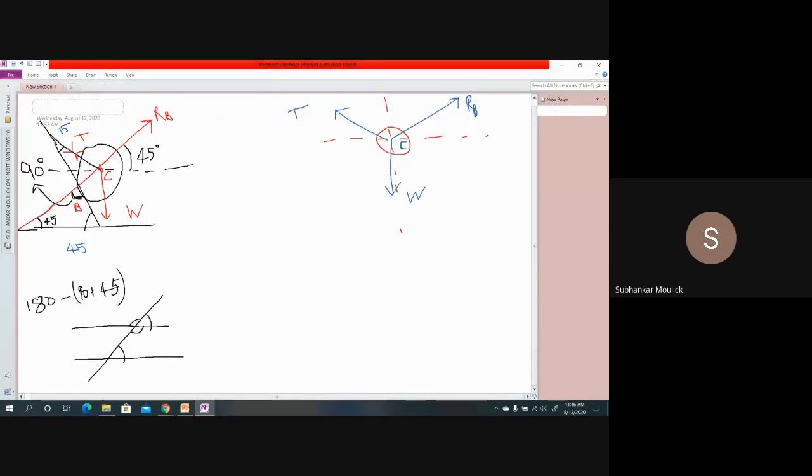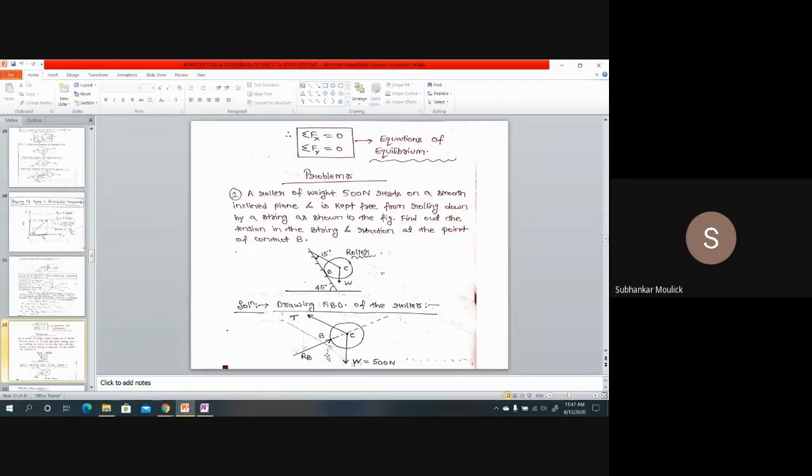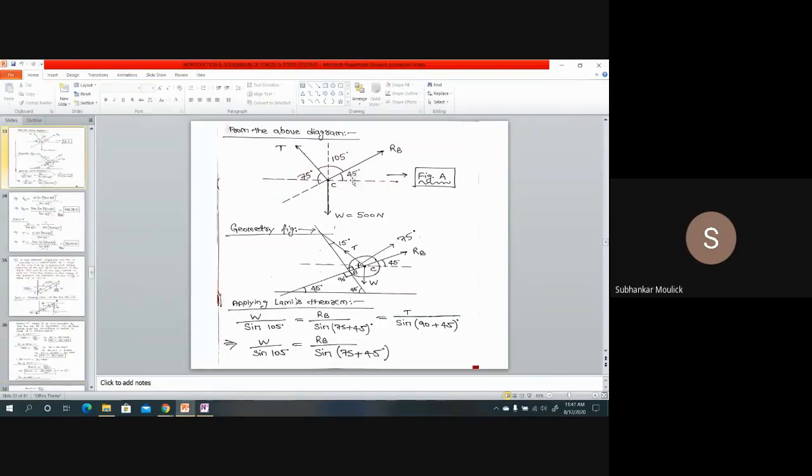If this is 45 degree, that means this angle is 45 degree. Is it clear? Any doubt? No, sir. Okay, see, the angle is 45 degree.